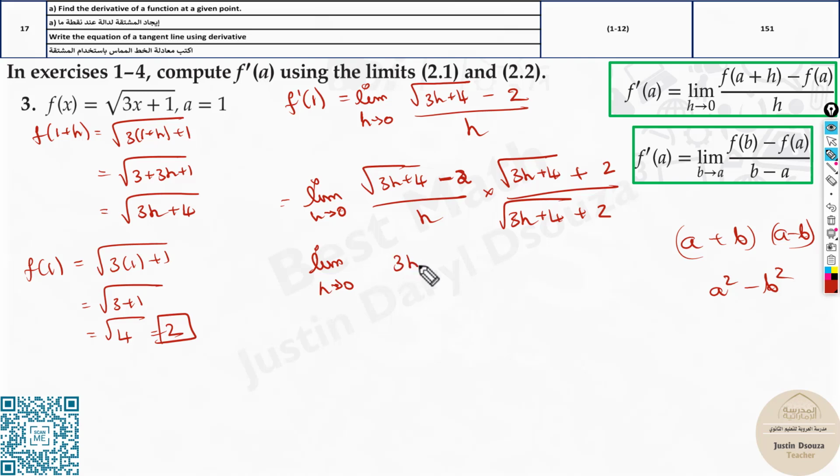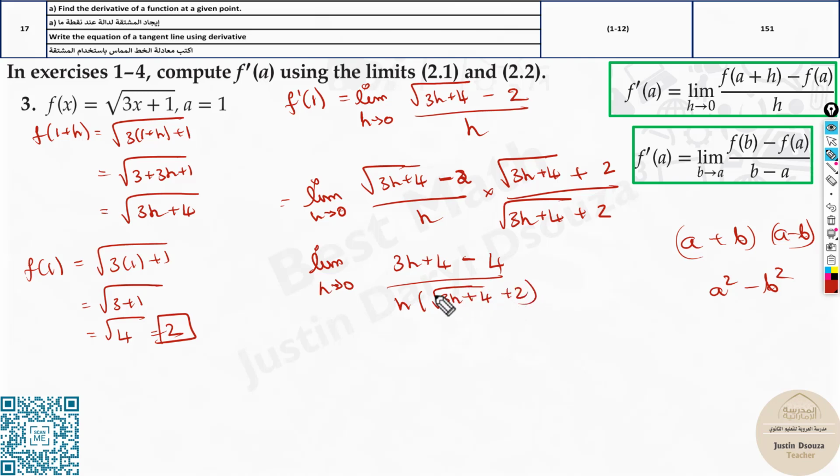So I'll directly write 3h plus 4 minus 2 squared, and 2 squared is 4. The first term, whichever has the radical, just write it without the radical, minus the second term squared. Down below, h multiplied by root of 3h plus 4 plus 2.